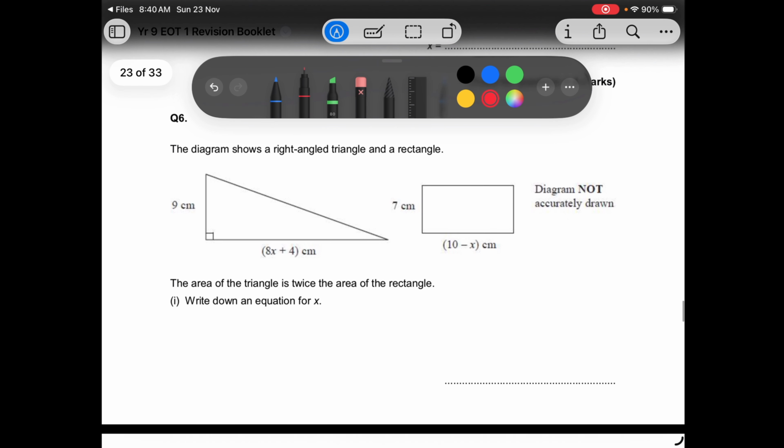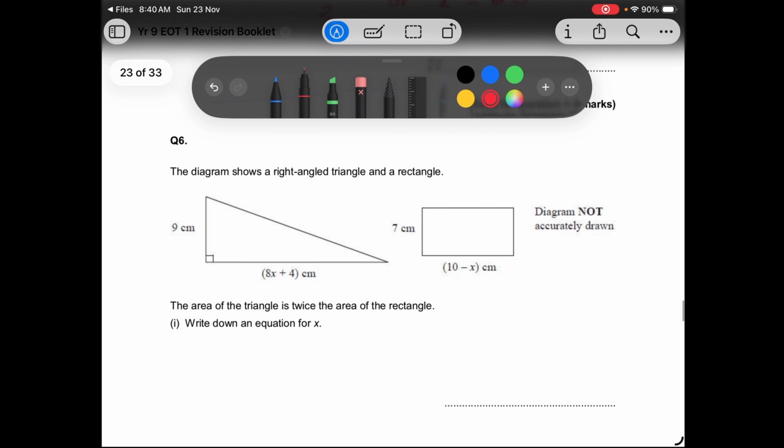Okay guys, based on my understanding, I have this right triangle, and this triangle is right because of this notation here. You see this little square corner, so it means this triangle is right. And we have this rectangle, and the area of the triangle is 2 times the area of the rectangle.